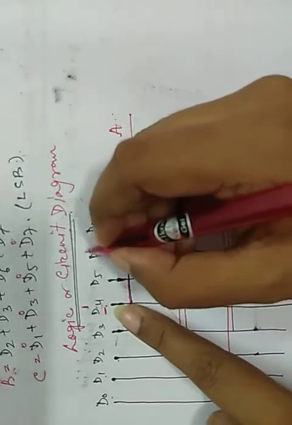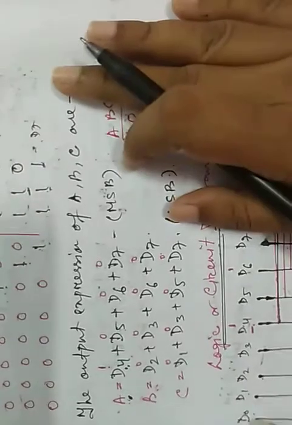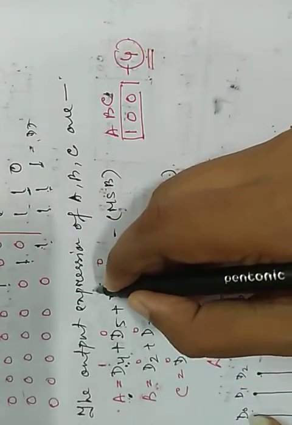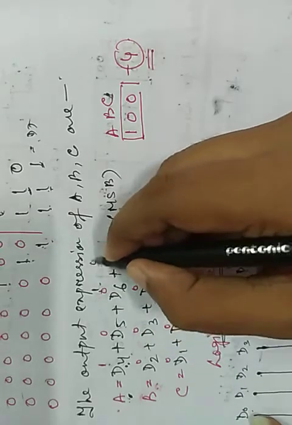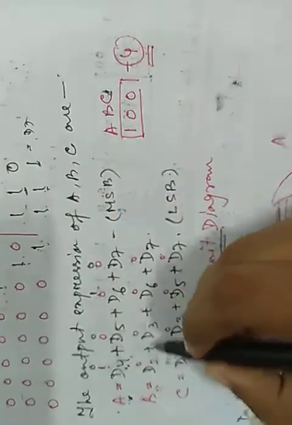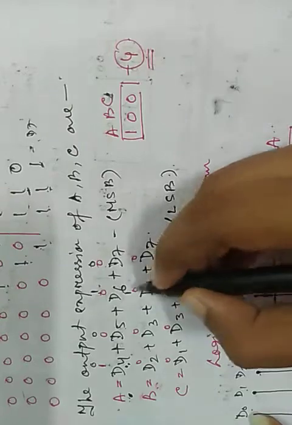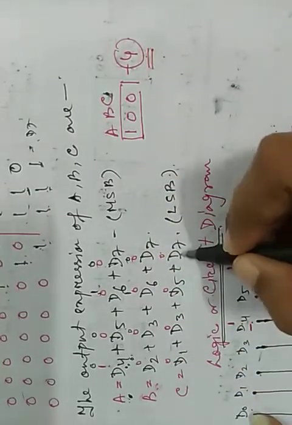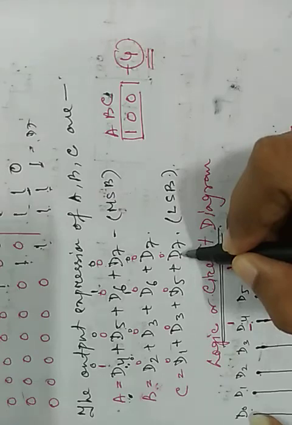Let us see another example. If we want to select D6, in this case D6 is 1 and the other values are 0. In this case there is also 1, the others are 0. These are all 1, they are also 0, and there is no D6.